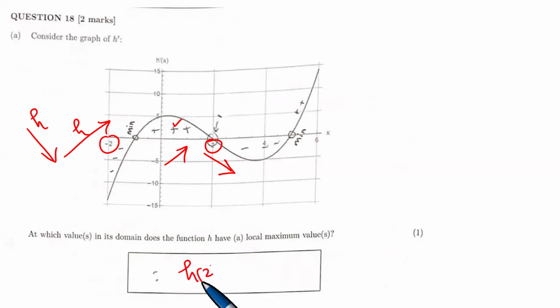So it is at h of 2, or simultaneously you can say it occurs at x equals 2, which is the x in the domain. At that point, you can see the function is running with a positive gradient and then a negative gradient.